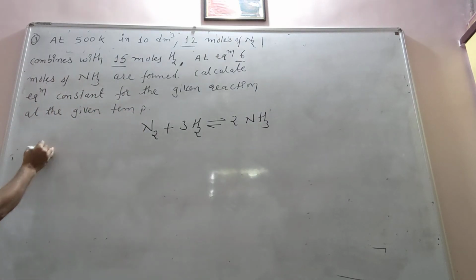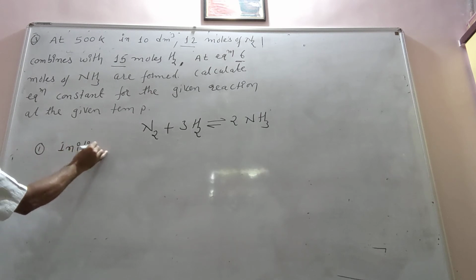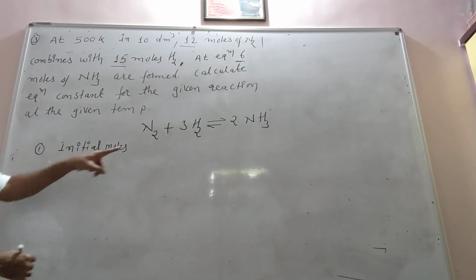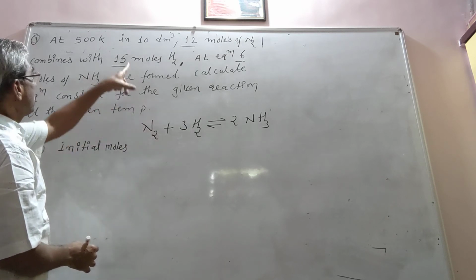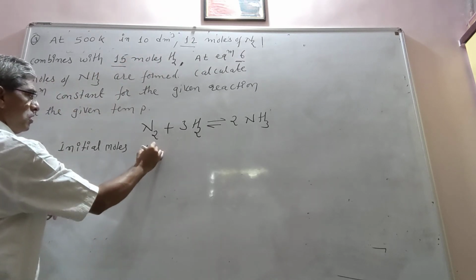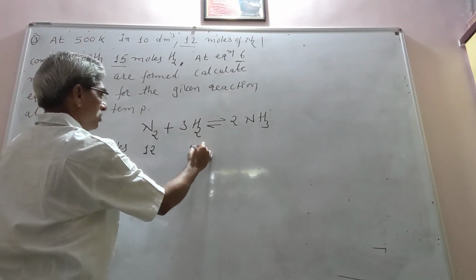Reaction. 3 points. Initial moles. How many moles of N2 at 10 dm cube? 12 moles. How many moles of H2? 15 moles.